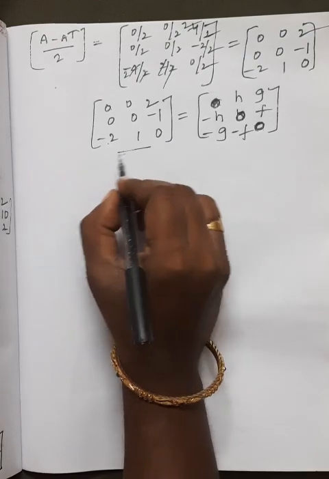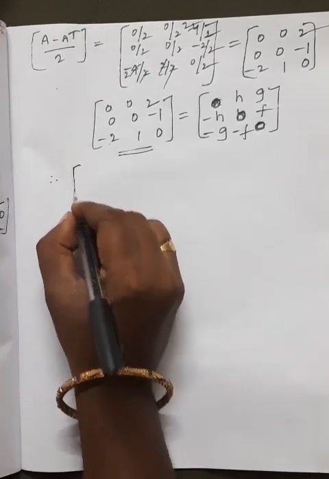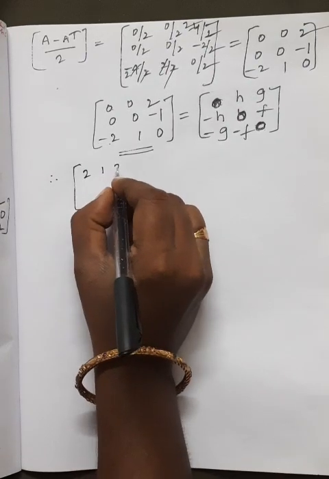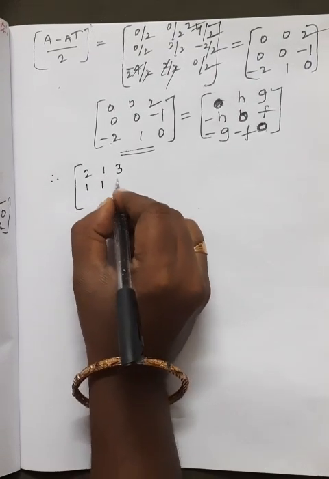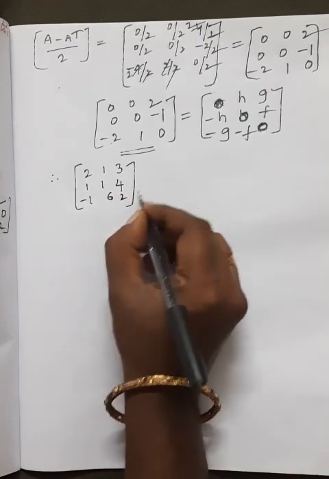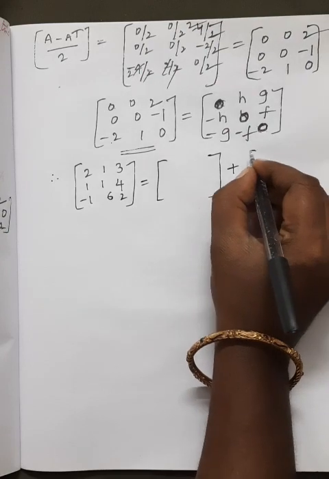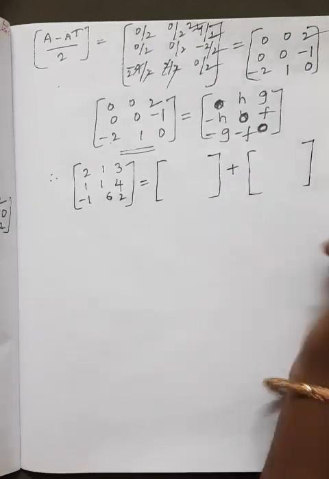So it is a skew symmetric matrix. Therefore our given matrix 2, 1, 3, 1, 1, 4, minus 1, 6, 2 can be written as the sum of symmetric and skew symmetric matrices.